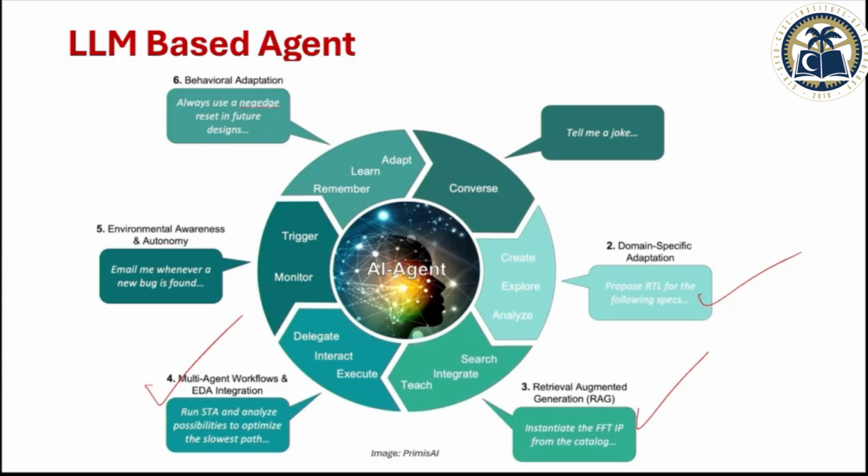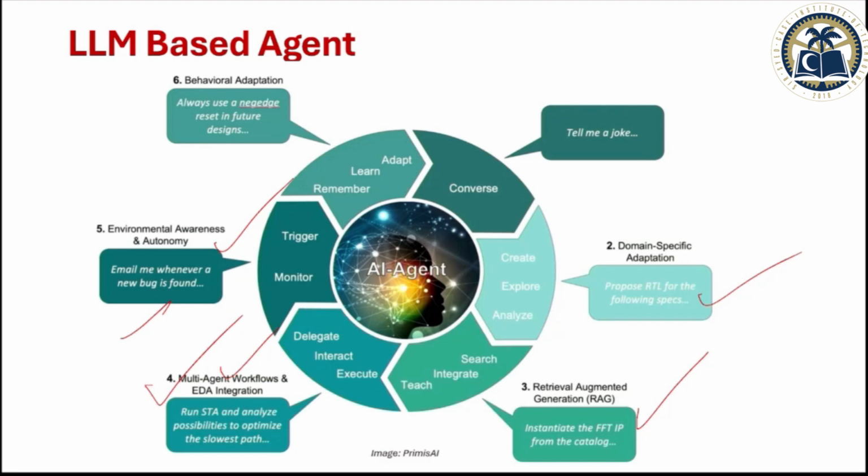And it's not only that, they are using a multi-agent system to generate RTL code, then you simulate it, then you synthesize it, then find out if there is any synthesis-related error, and then you come back.